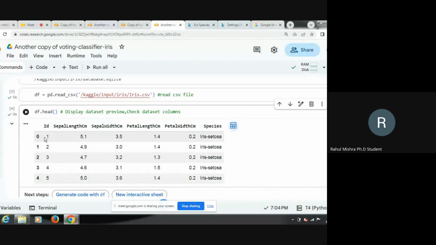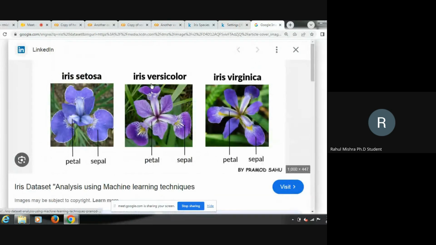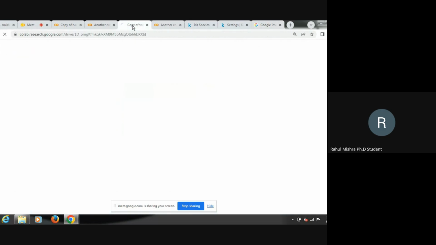You can see here ID, sepal length in centimeters, sepal width, petal length, petal width, and species. There are three species, as you can see from the images also: setosa, versicolor, and virginica. As I told you earlier, I will exclude setosa because it can be easily differentiated from these two, and I will try binary classification to find out how this works.